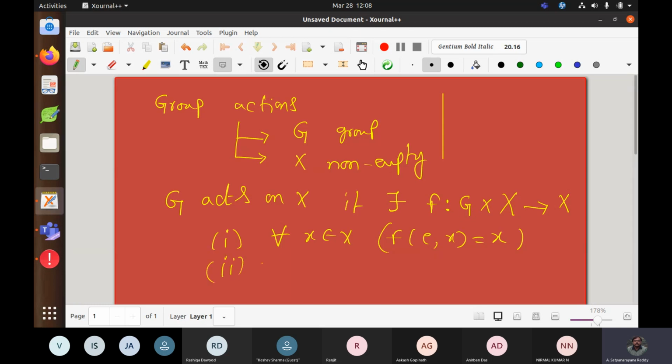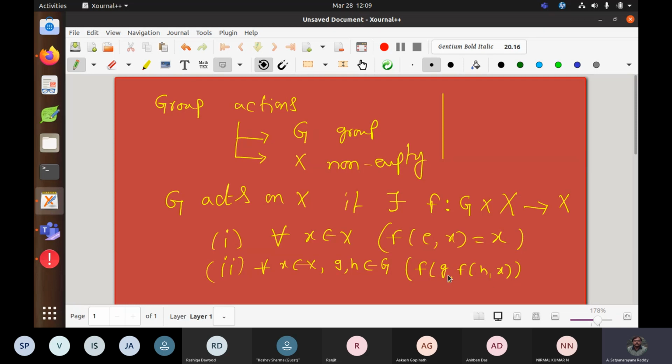Second condition is that for every x belongs to X, for every small g comma h belongs to G, right? So F of g acting on F of h comma x. Okay, F of h comma x, h is from G and x is from capital X. So F of h comma x is an element of capital X. Now I can talk about again F of g comma this thing, right?